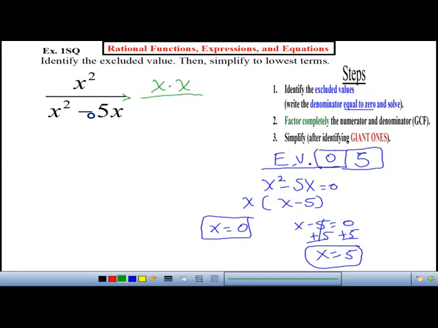What was the GCF we said? x times x minus 5. All right. Do you guys see the giant 1? Yes, right here. So we're left with x over x minus 5. And we're done.